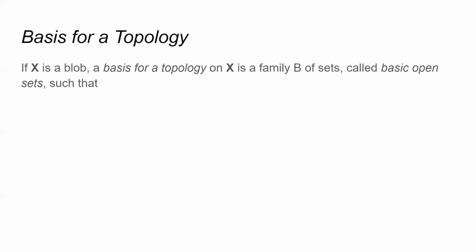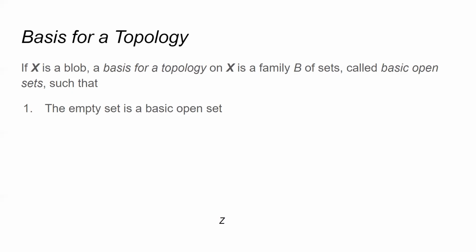Okay, so what is a basis for a topology? What should we consider basic open sets? Okay, so if we take a blob, call it X, a basis for a topology on X is a family B of sets. So B is a collection of open sets we'll call basic open sets, such that 1, the empty set is a basic open set.